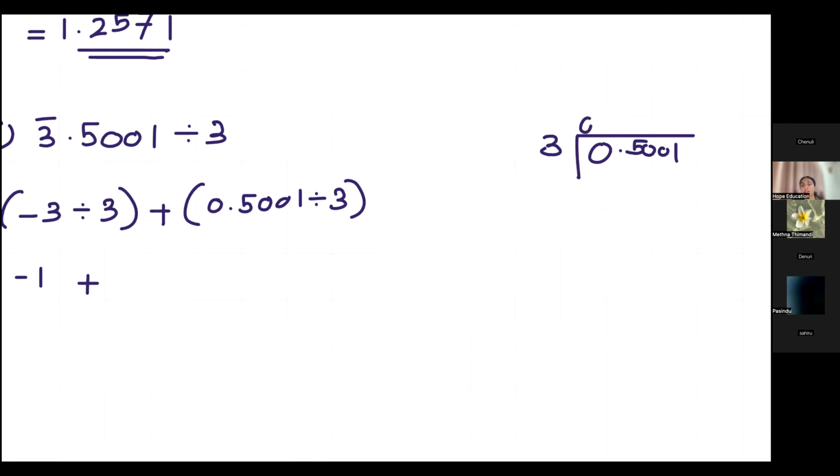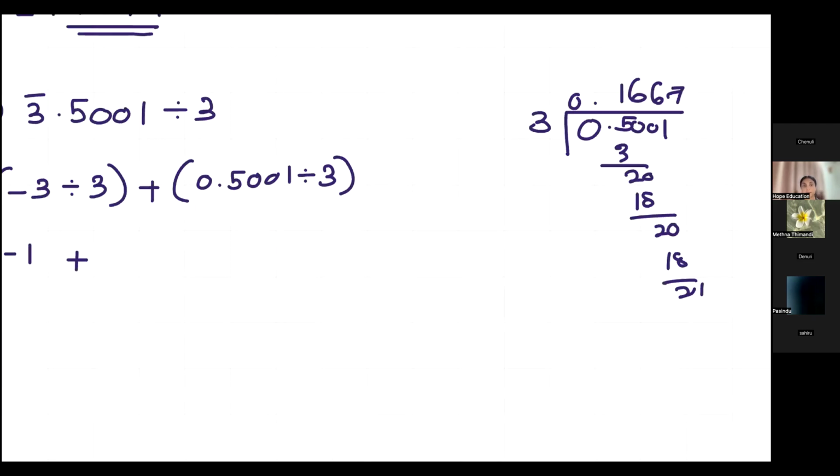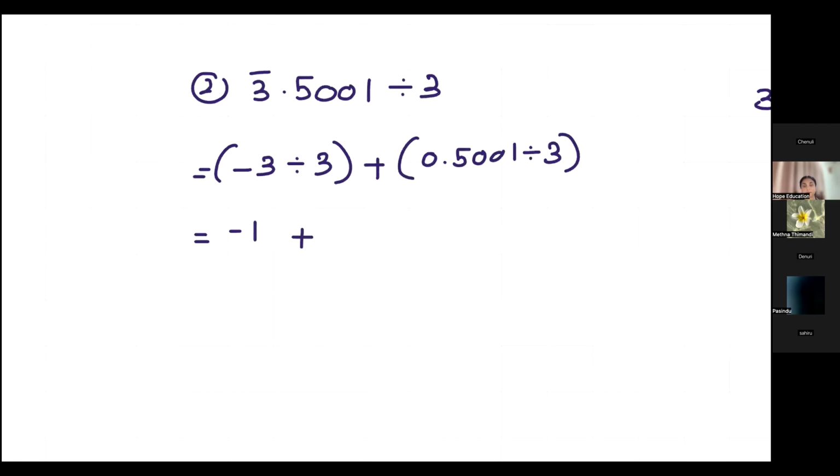3 times 1 is 3, 2 remaining, 20, 3 times 6 is 18, 2 remaining, 3 times 6 is 18, 2 remaining, bring 1 down, so 3 times 7 is 21. So we have 0.1667. We combine these and write as bar 1.1667.